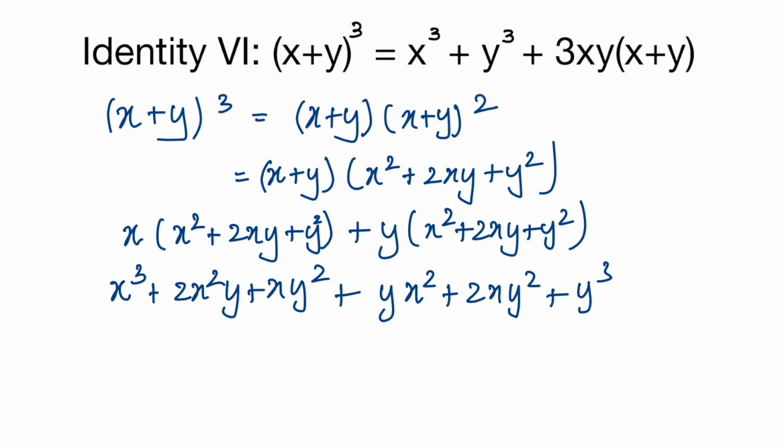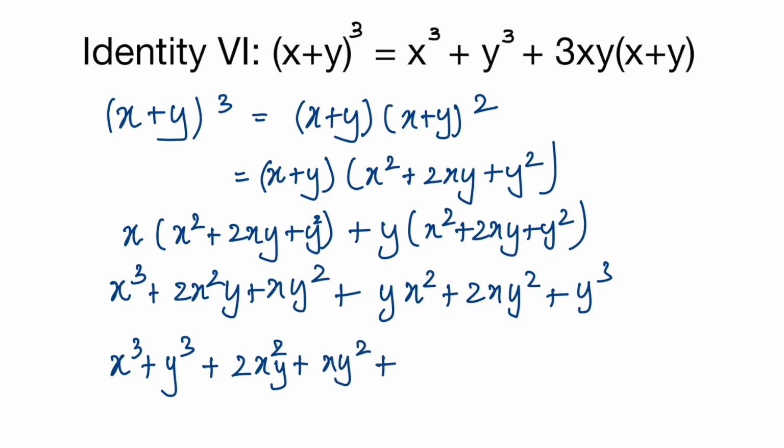Now we are just going to group it and make it a little bit more presentable. Let us first start with the two cubic terms, so that is x cube plus y cube at the beginning. And then we have 2x squared y plus xy squared.